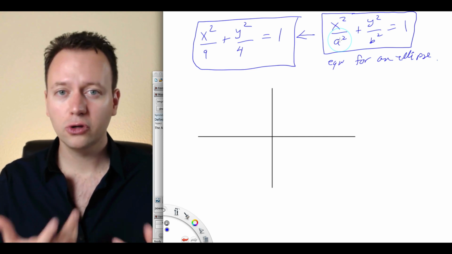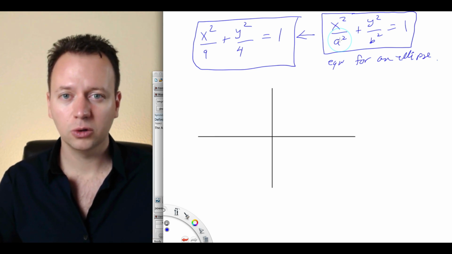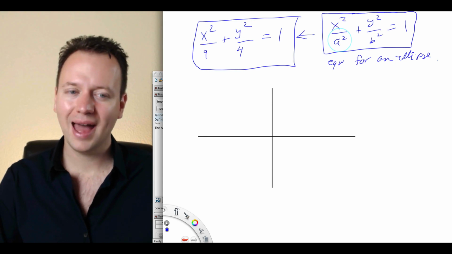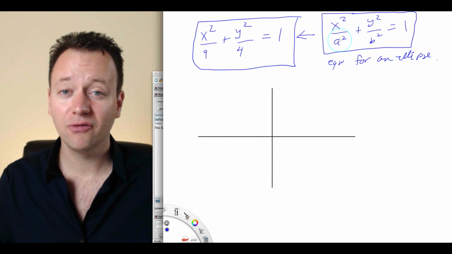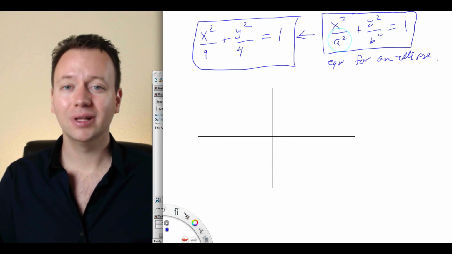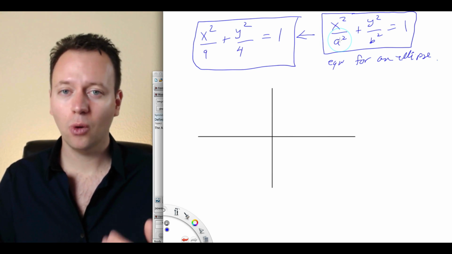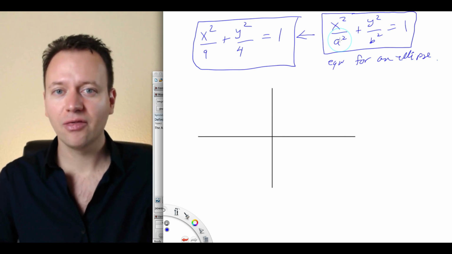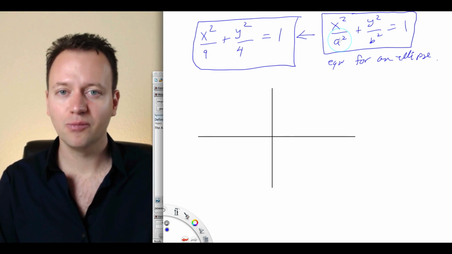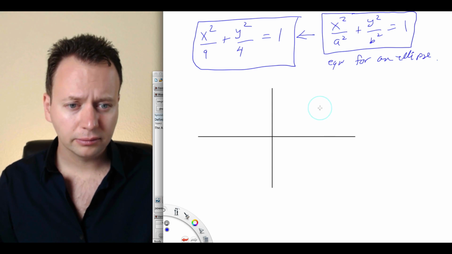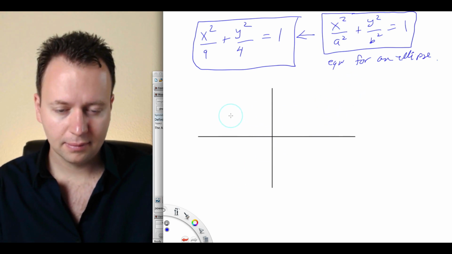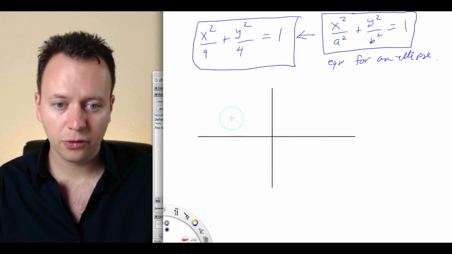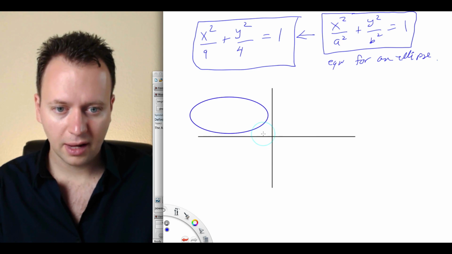So if we start with a unit circle, x squared plus y squared is equal to 1, and we replace x with x over a, we're stretching the graph horizontally by a factor of a. Similarly, by replacing y with y over b, we're stretching the graph vertically by a factor of b. So this should be an ellipse where x is stretched by a factor of 3 and y is stretched by a factor of 2.